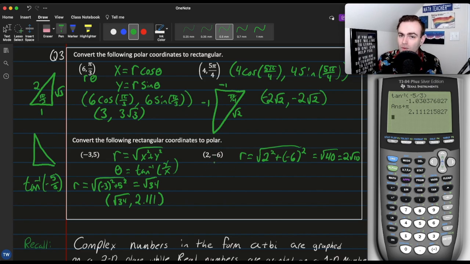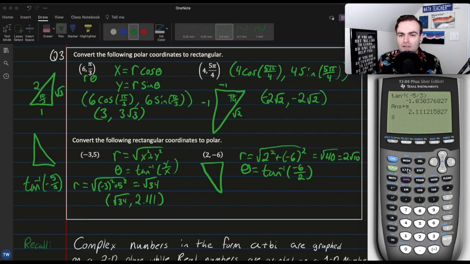So where are we? What quadrant are we in? Positive x, negative y puts us in quadrant 4. And inverse tangent does exist there, but we're going to see something interesting happen. We want theta, which is the inverse tangent of -6/2. You could put -3. That's perfectly fine if your brain already went to that.